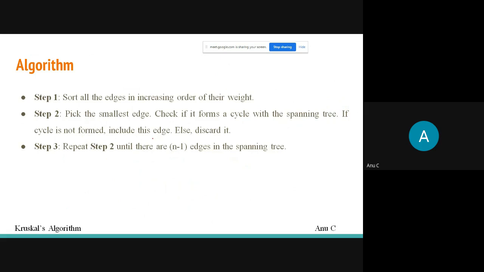Okay. And step 3, repeat step 2 until there are n minus 1 edges in the spanning tree. So this is all about Kruskal's algorithm. I hope all got a clear idea about Kruskal's algorithm.